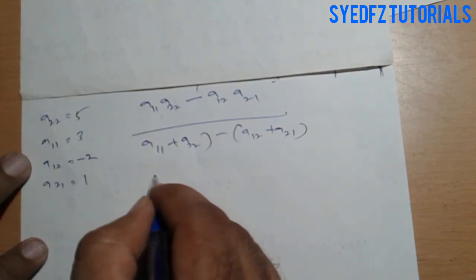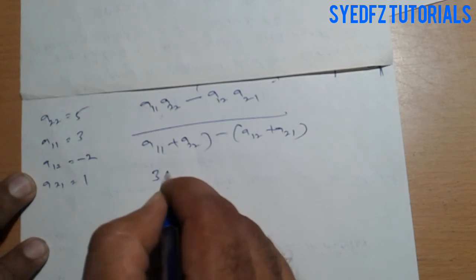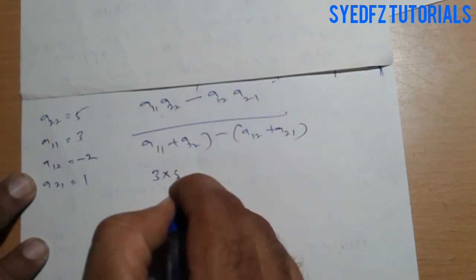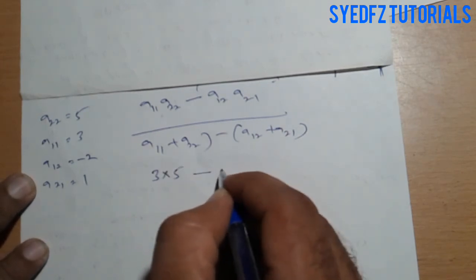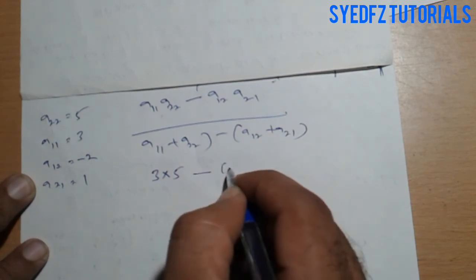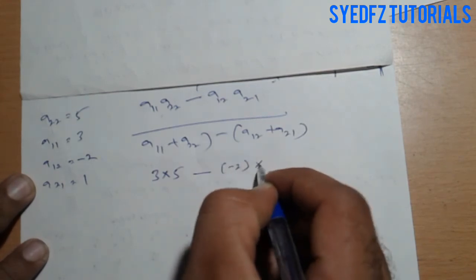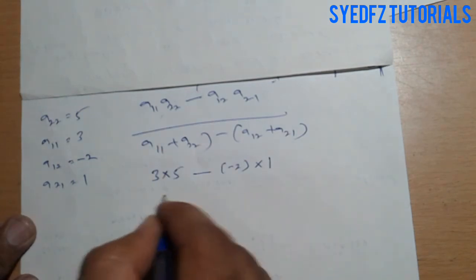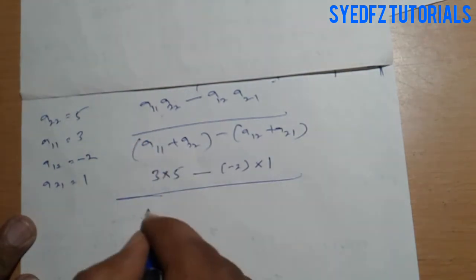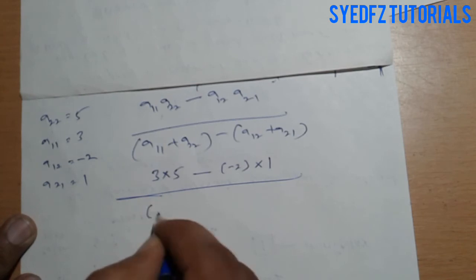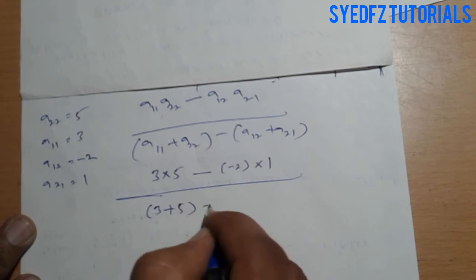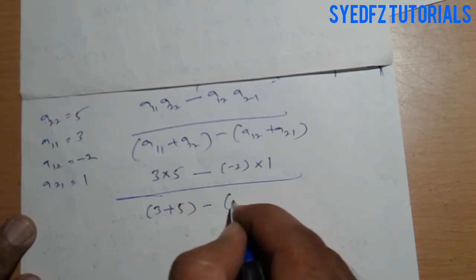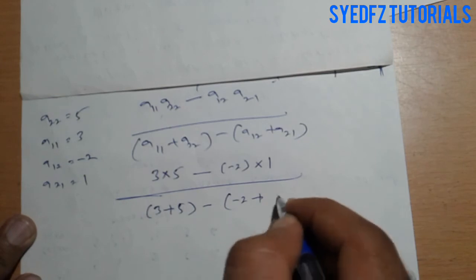A11 means 3 into A22 means 5 minus A12 means minus 2 into A21 means 1, divided by A11 means 3 plus A22 means 5 minus A12 means minus 2 plus A21 means 1.